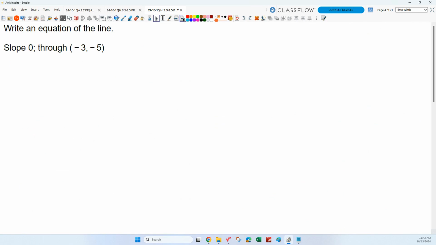Quickly. What's the equation of that line? X equals or y equals? The slope is 0.